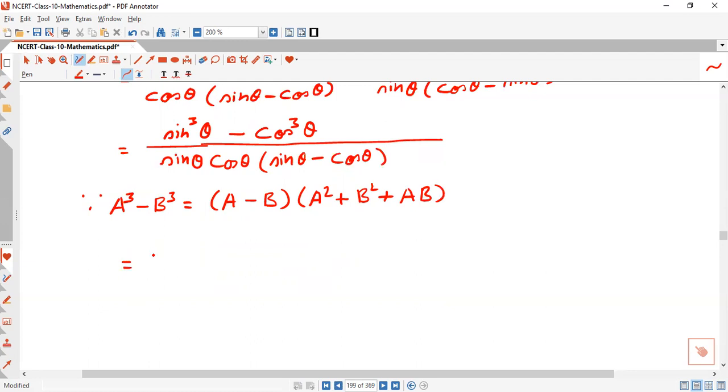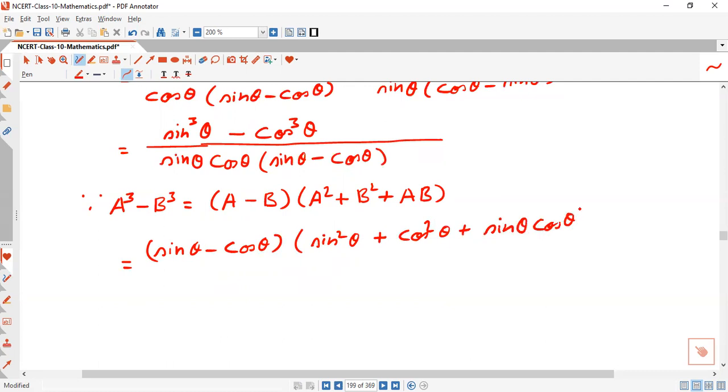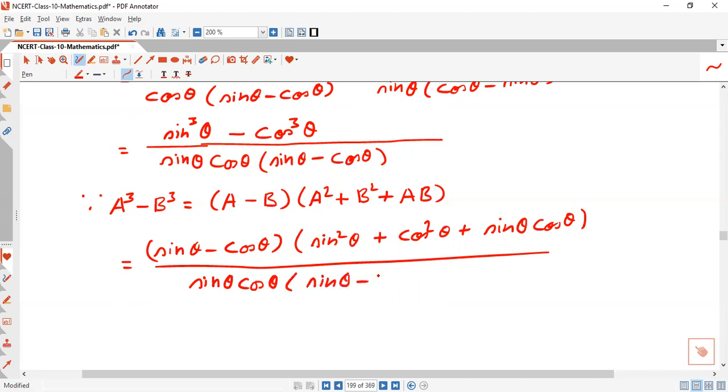So we are getting sine theta minus cos theta multiplied by sine square theta plus cos square theta plus sine theta cos theta, and whole divided by sine theta cos theta into sine theta minus cos theta.